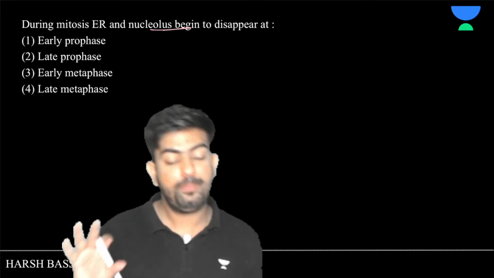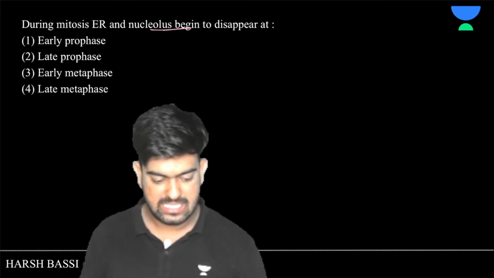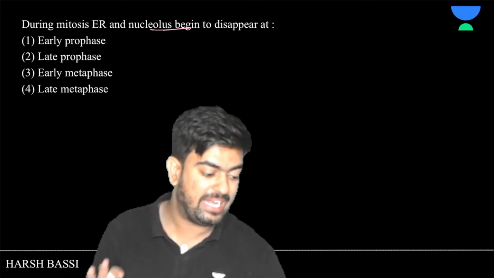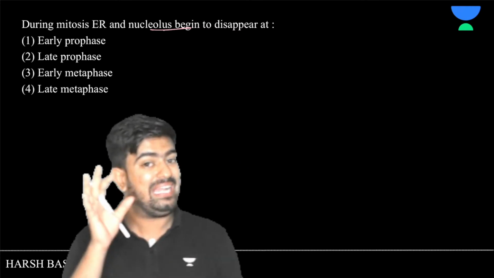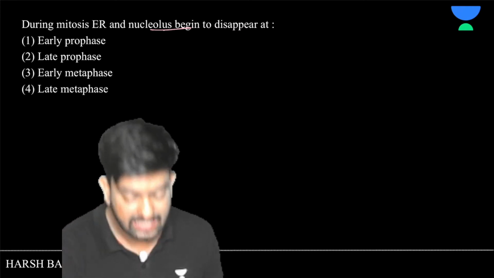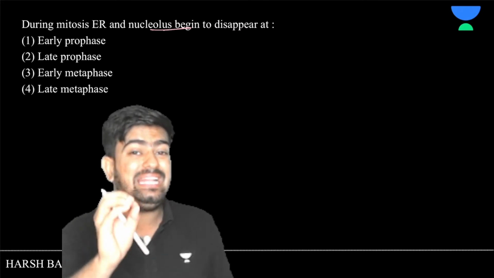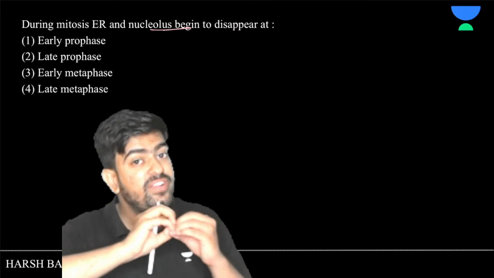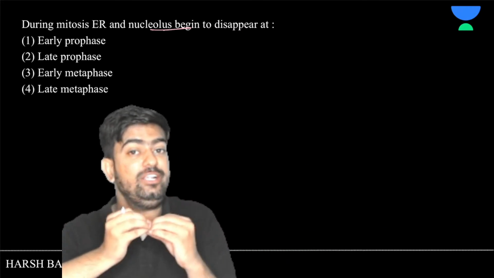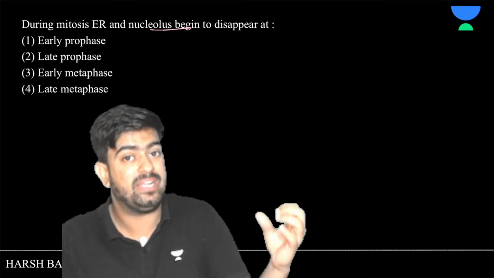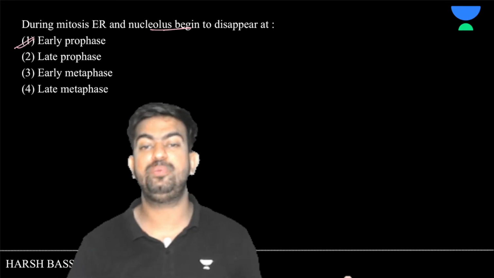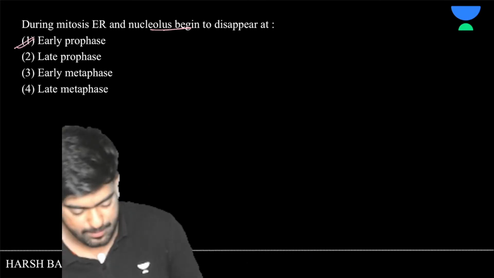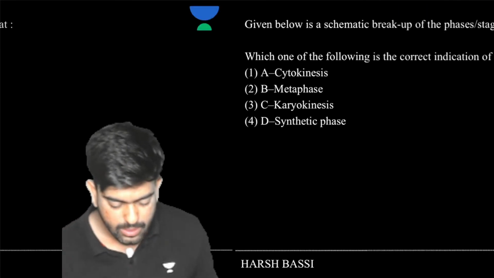Sir, we know prophase is the correct answer, but in the options they have given early and late. So see, at the end of the prophase, everything has disappeared. It's starting, right? So the starting will be in the early prophase. That's very good. Now, let's move on.